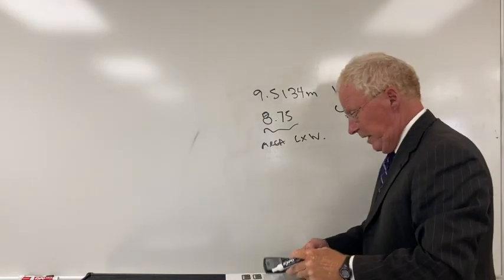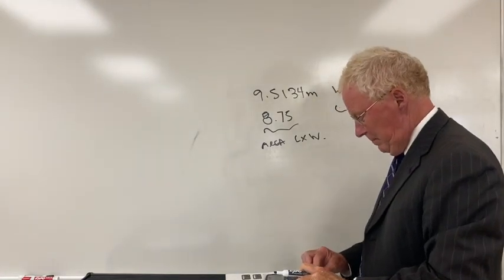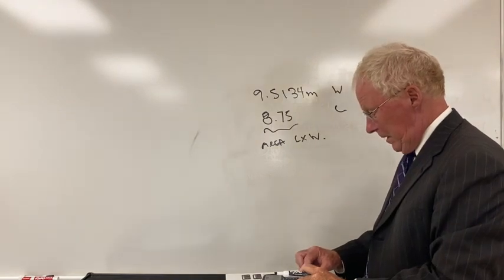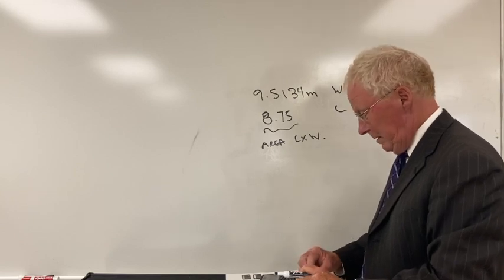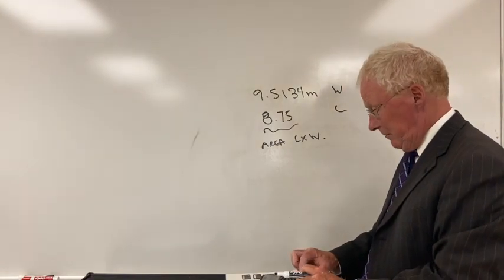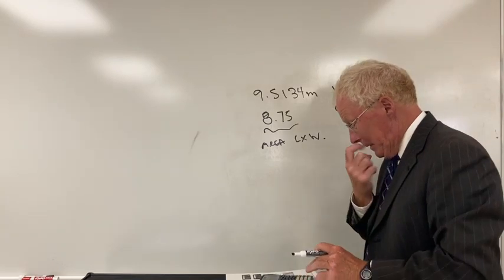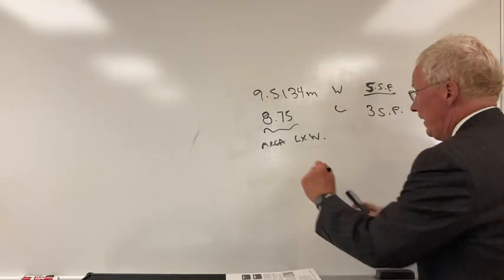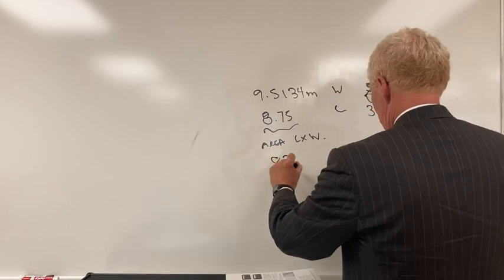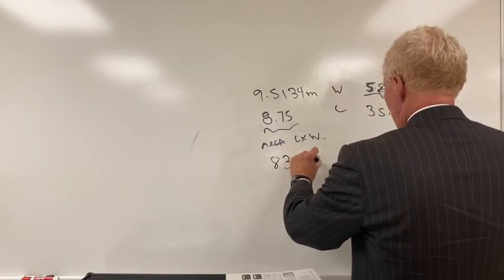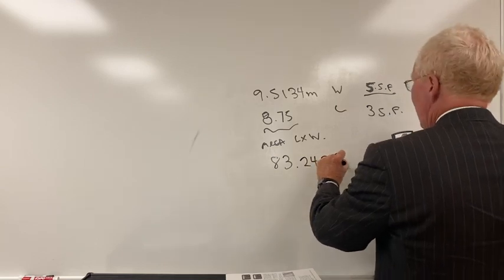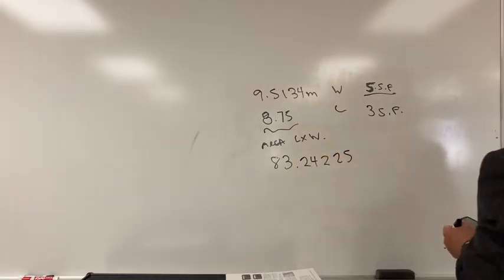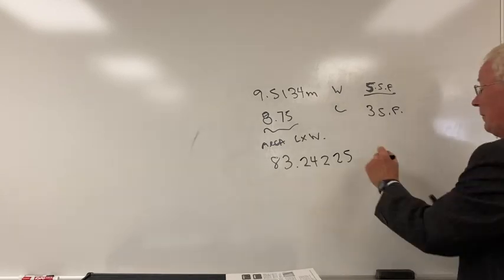So if I multiply 9.5134 times 8.75, I get 83.24225 meters squared.